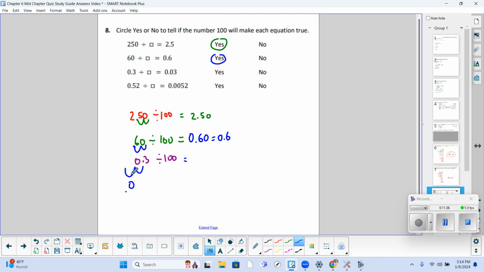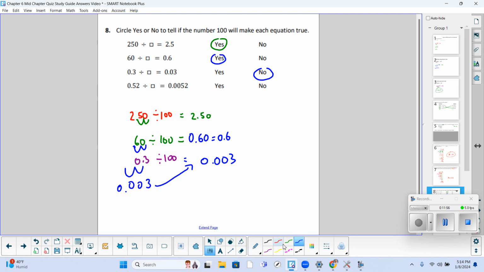Fill in that empty slot with a 0. 0, 3. So we put a 0 out in front of that. And we get 0.003. We took this decimal and moved it 1, 2 spaces. So 0.003, well, that's not the same as 0.03, right? This is 2 zeros and then a 3. This is 1 zero after the decimal, then a 3. So this is a no for this one.